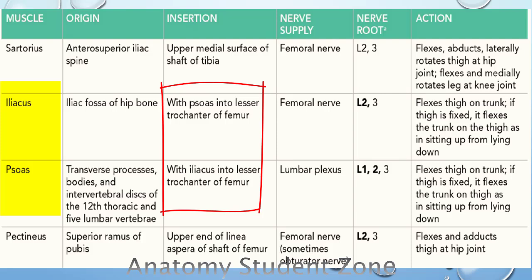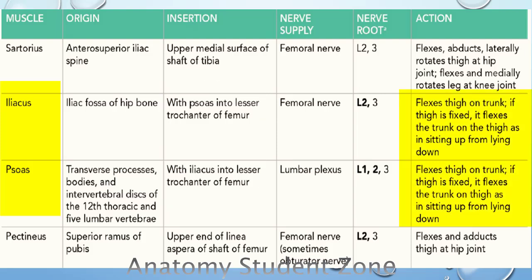Besides being strong hip flexors, both muscles flex the thigh on the trunk as well, like in sitting up from a lying down position. This is the minimal content that should be remembered by all of you from an exam point of view. And the femoral nerve, which is the nerve of the anterior compartment, supplies this muscle.